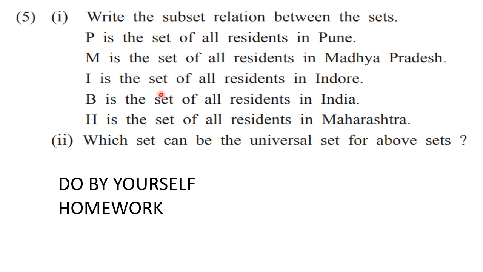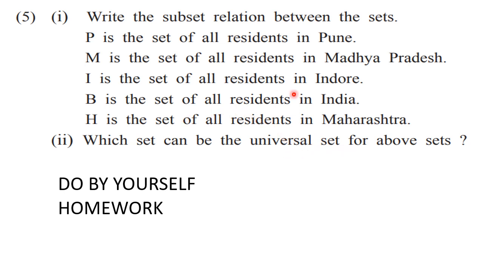I hope you have understood the question and you are going to write those subset relationships. Now next, the second one. Which set can be the universal set for the above sets? So from this you have to find the universal set.